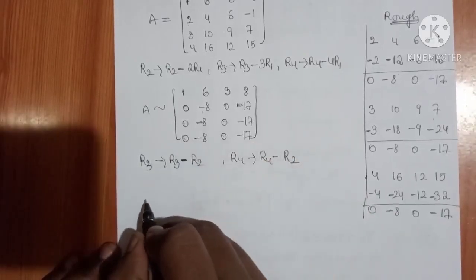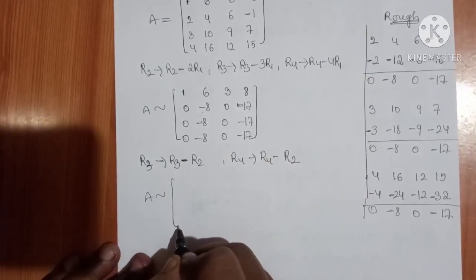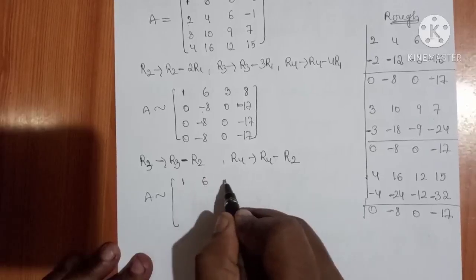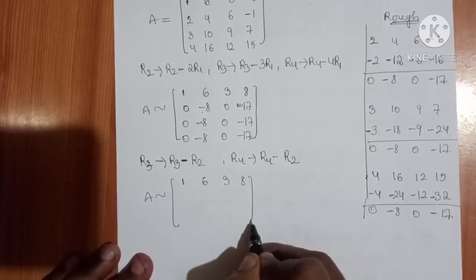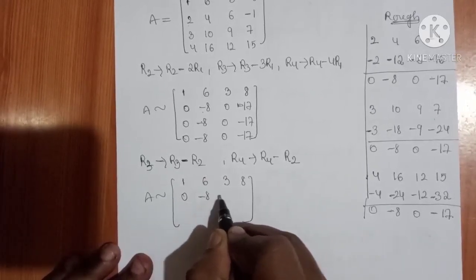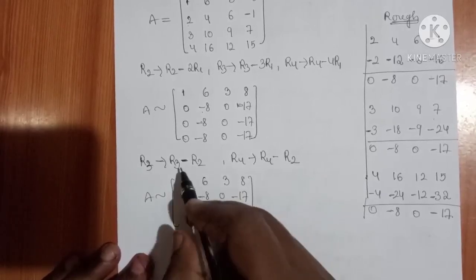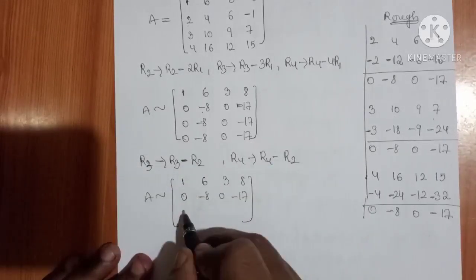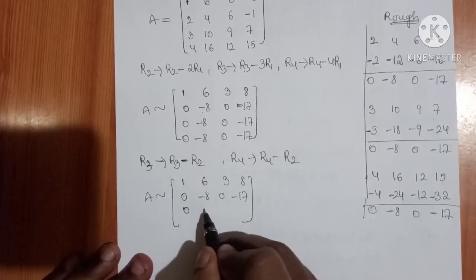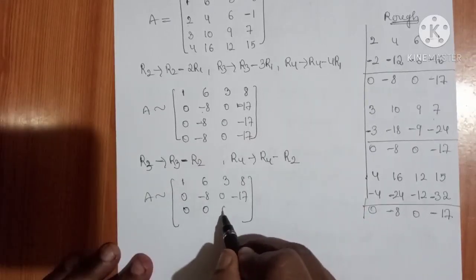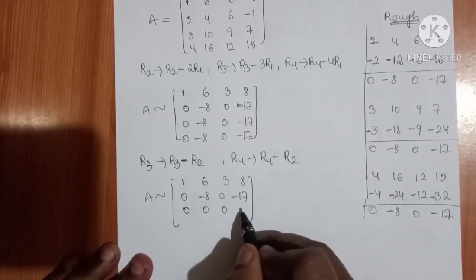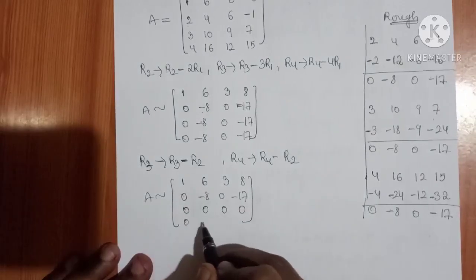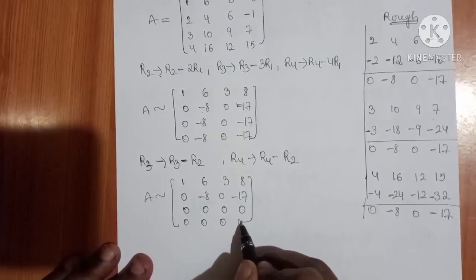So performing this operation we get 1 6 3 8, that is, the first row as it is, and the second row also as it is. Here R3 minus R2 means 0 minus 0 is 0, minus 8 plus 8 is 0, minus 17 plus 17 equals 0. So the third row, and the fourth row also the same, we get 0 0 0 0.